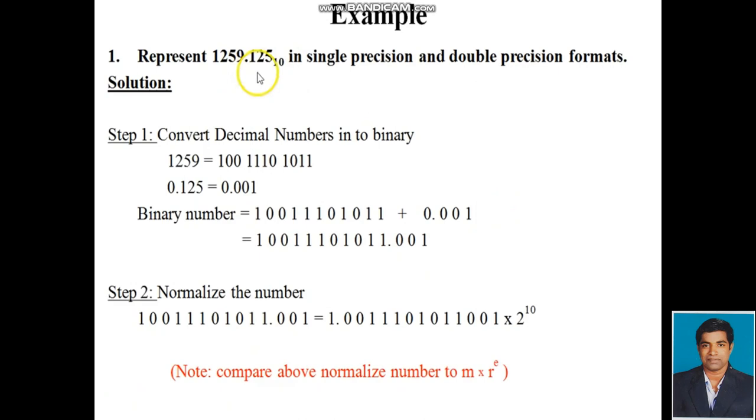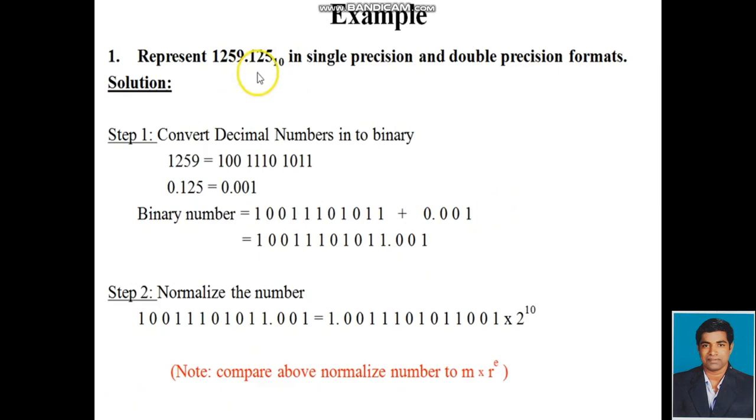Example: represent 1259.125 base 10 in the single precision and double precision formats. Solution: convert the decimal number into binary. We get 10011101011 for the decimal value 1259.